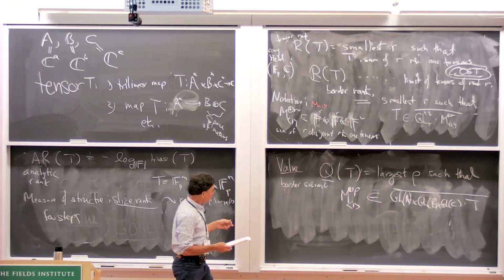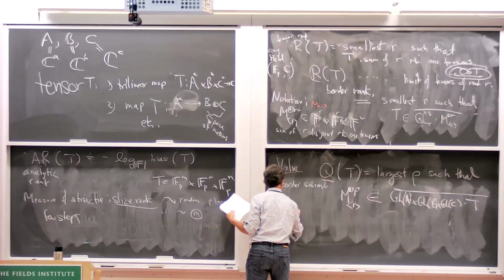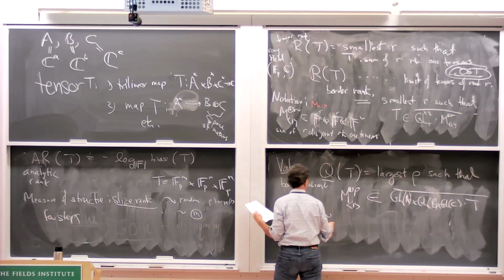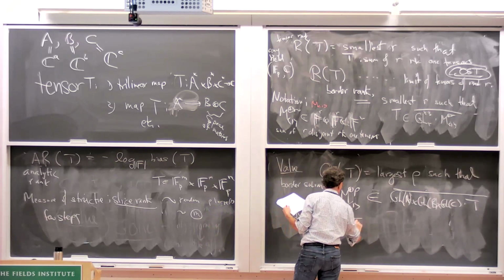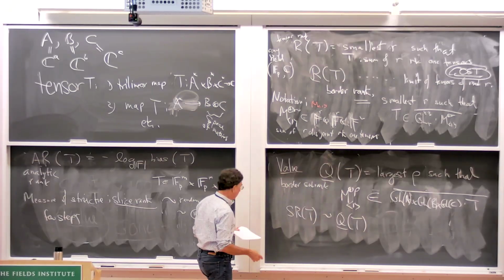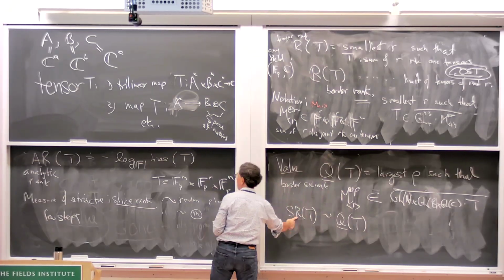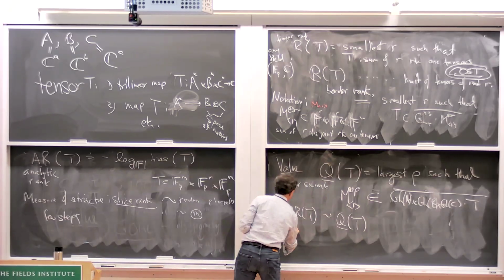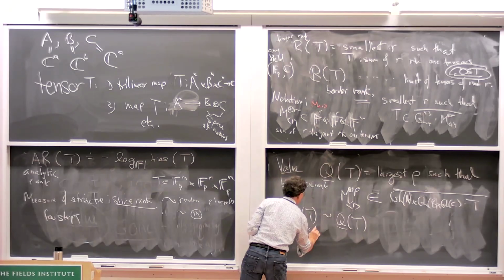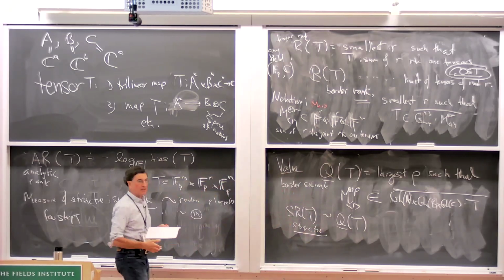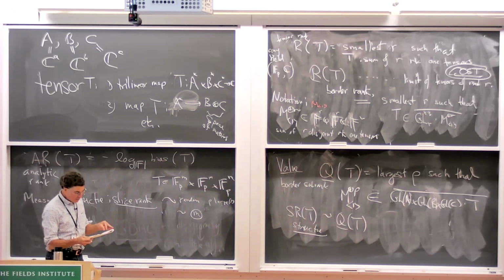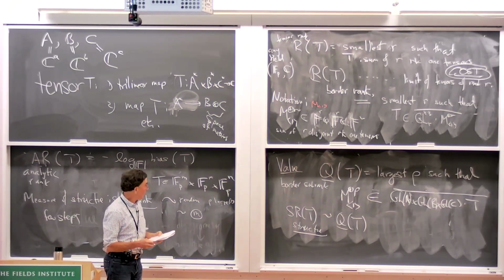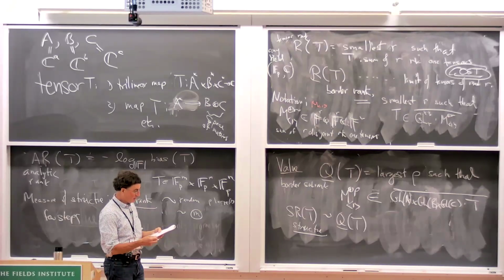So I should say that this slice rank of T is closely related to this thing. So this measure of value, this slice rank, is essentially, in ways I could make precise but won't, telling us about the value of our tensor.